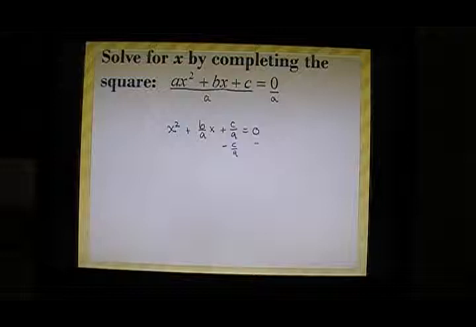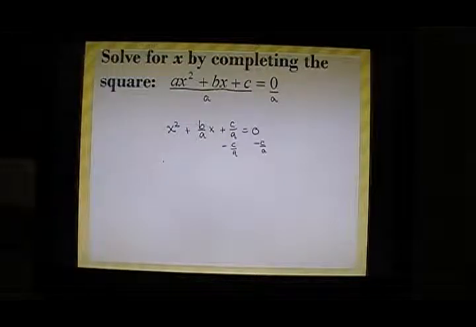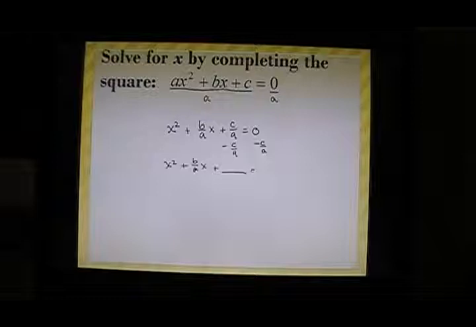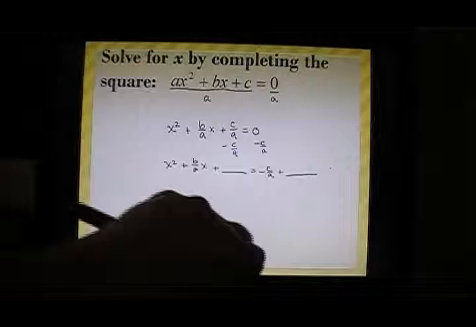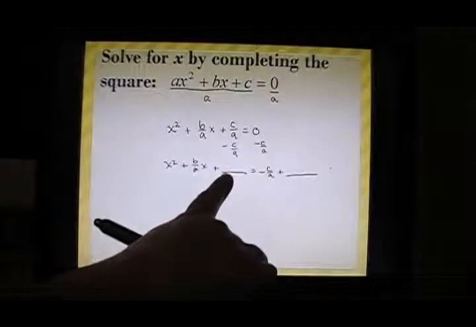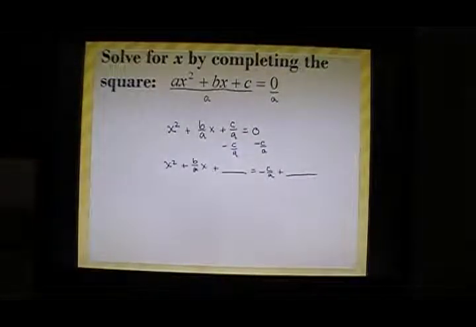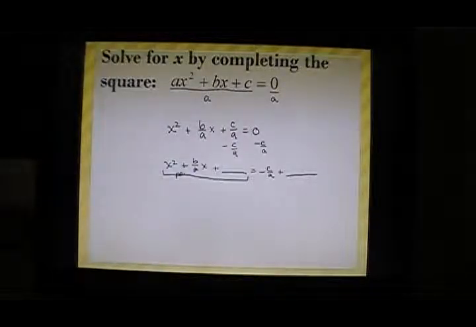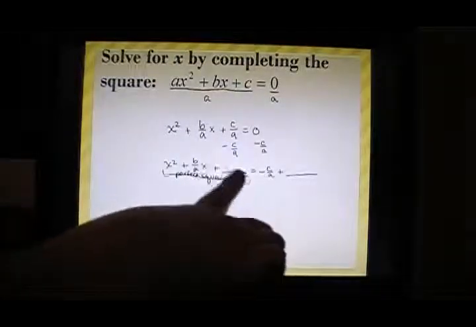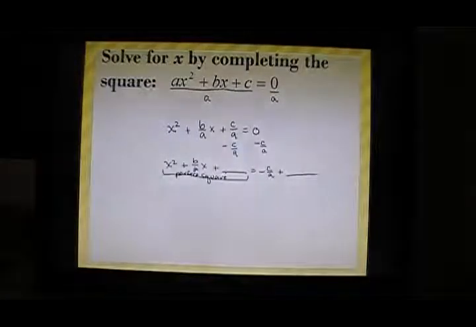So if I subtract that c over a from both sides, I can rewrite this as x squared plus b over a times x plus something equals negative c over a plus something. So I'm going to add some value to the left-hand side so that this trinomial is a perfect square. And in order to make sure that I am creating an equivalent equation, whatever I add to the left, I have to add that same value to the right.